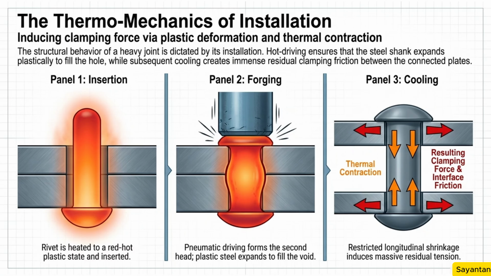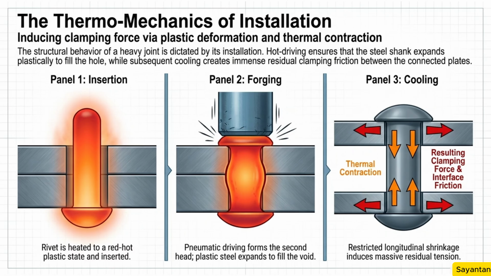Panel 2 illustrates the driving phase where pneumatic riveting hammers apply heavy compressive axial force to form the second head. This process plastically deforms the shank, causing it to expand radially and completely fill the internal void of the hole.